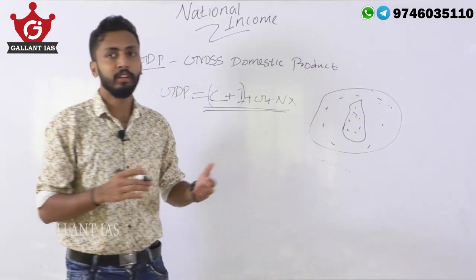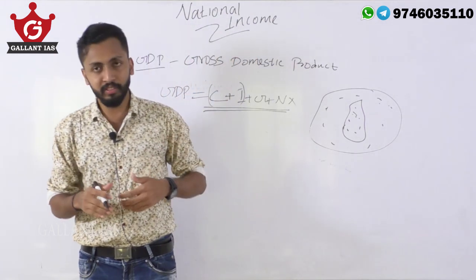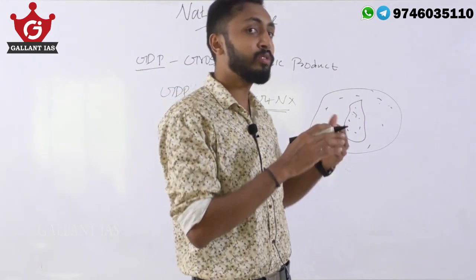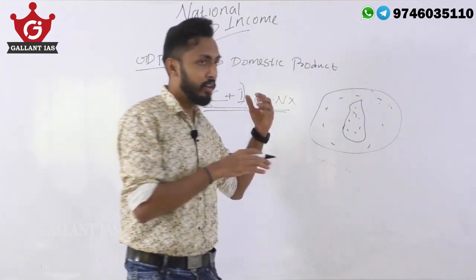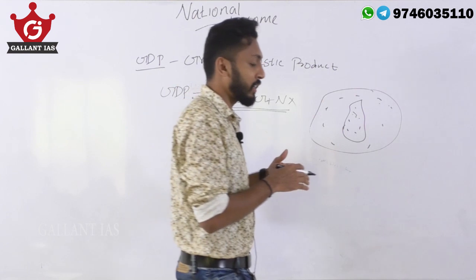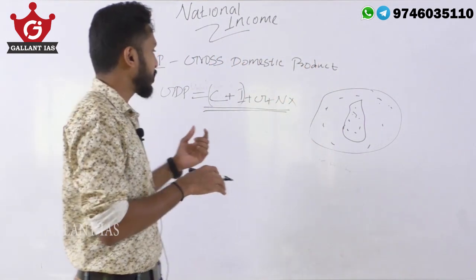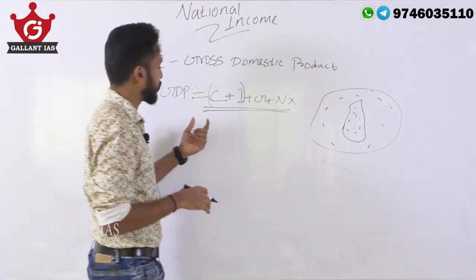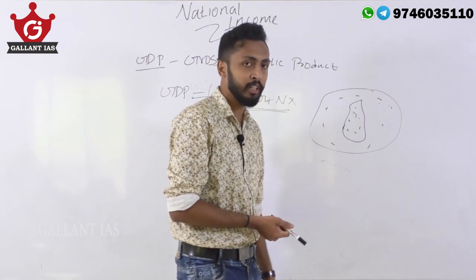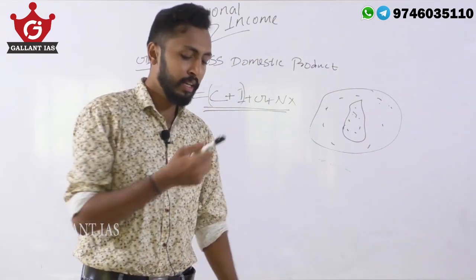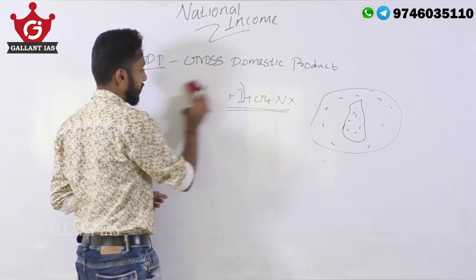Net exports: exports are goods produced in the country and sold outside the territory of the country; imports are goods produced outside the country but sold within the territory of the country. So exports minus imports is net exports. This is the equation of GDP.